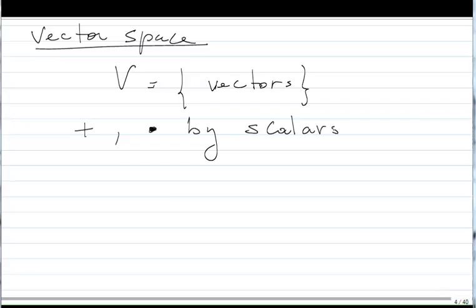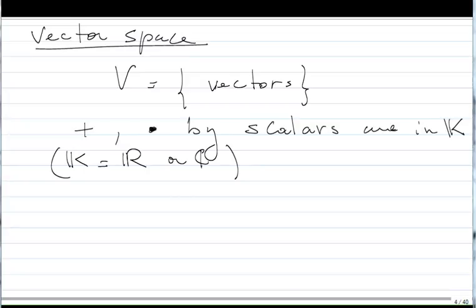So when we deal with vector spaces, we have vectors, the elements of V, and we have scalars. And these scalars are in general in a field, K. Usually we'll take K either R or complex numbers C, but it doesn't have to be. It can be like numbers in Z mod 2, for example.